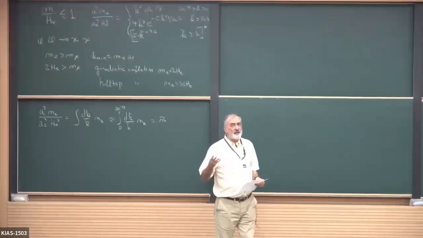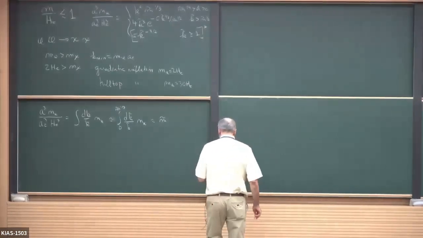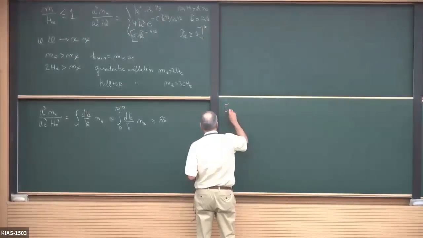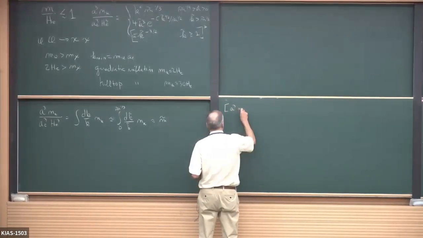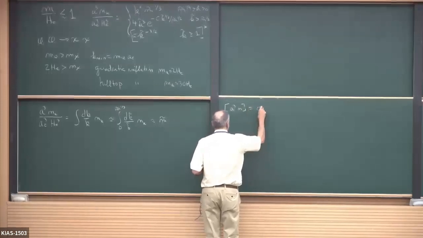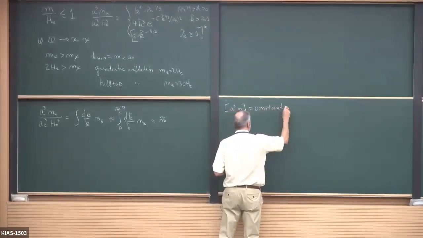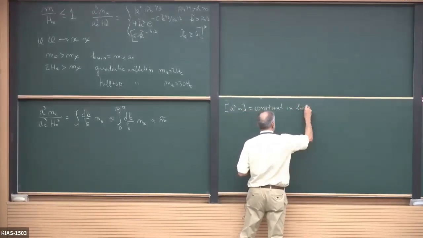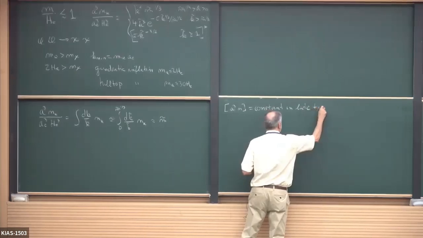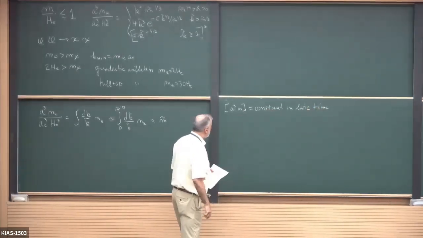So if it is stable, could it be a dark matter candidate? So Na cubed, a cubed times n, is constant at late time.